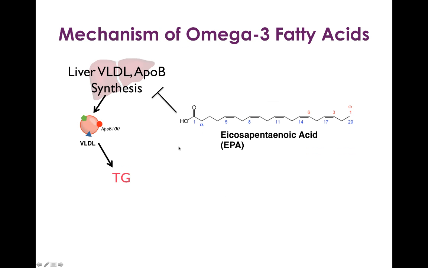And the mechanism for omega-3 fatty acids is by also decreasing liver VLDL and ApoB synthesis, thereby lowering triglycerides. So omega-3 fatty acids are most useful clinically for patients with very high triglycerides and for lowering that.